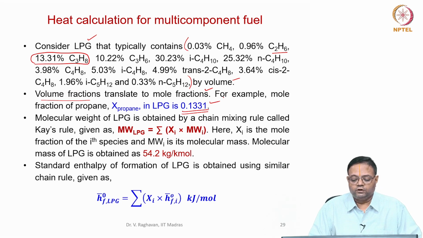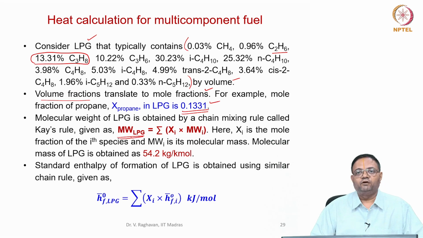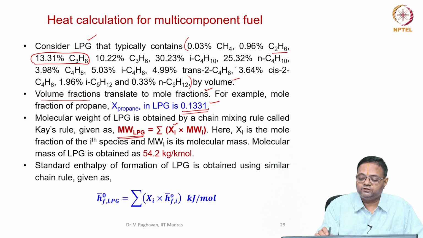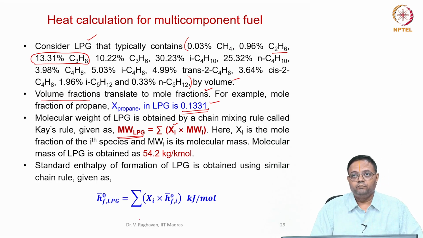Now, in order to do this, it's a mixture, so we need to apply some mixing rules. Basically, I find the molecular weight for this. The molecular weight of LPG will be equal to the mole fraction of each component in this mixture of LPG times the corresponding molecular weight of the species.